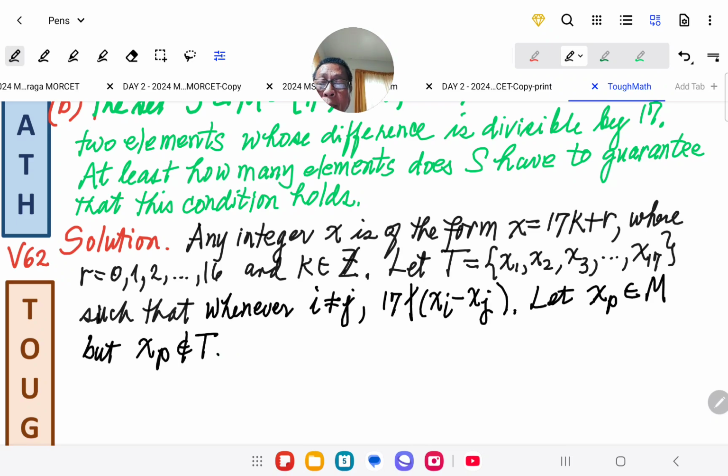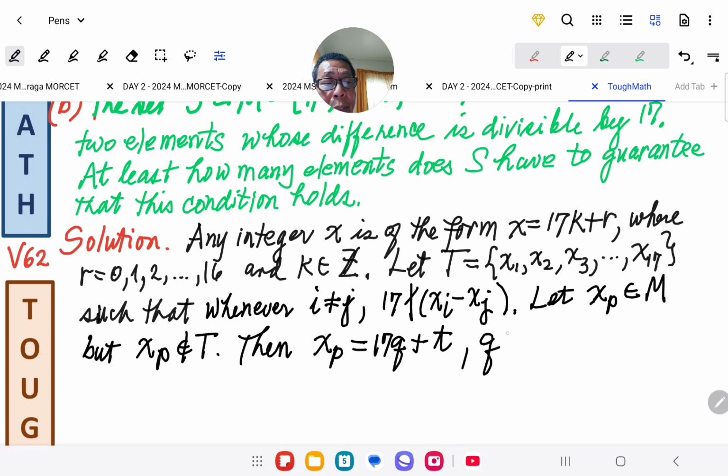Then x sub p, being an integer, is also of the same form as the others. So it is also equal to 17 times maybe q plus some t, where q is an integer.